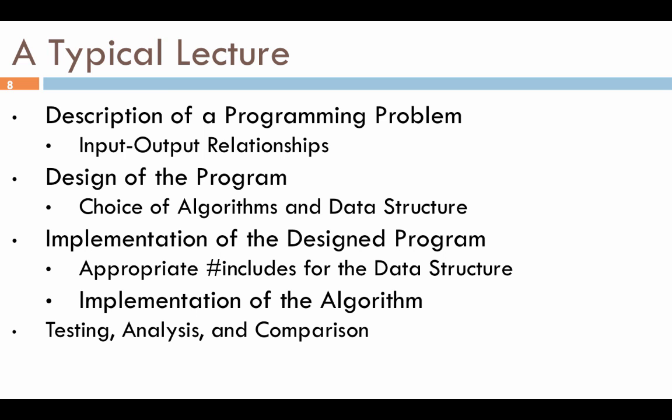We will typically open a file, look at a C program, analyze the different statements in the program, and look at an implementation of the algorithm. Then we compile the C program, then we will test it, analyze it, and compare it, and the comparison will typically be a comparison between the usage of maybe one or two different data structures for one particular programming exercise.